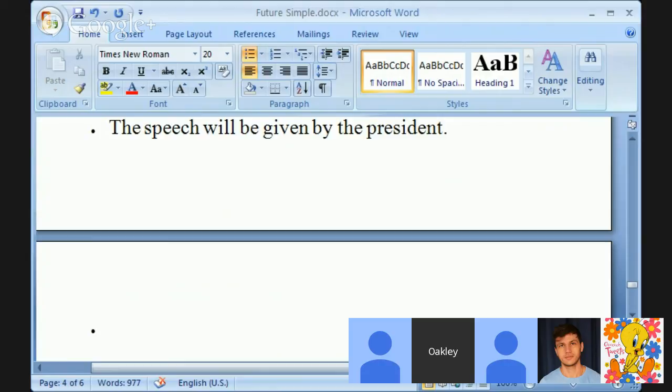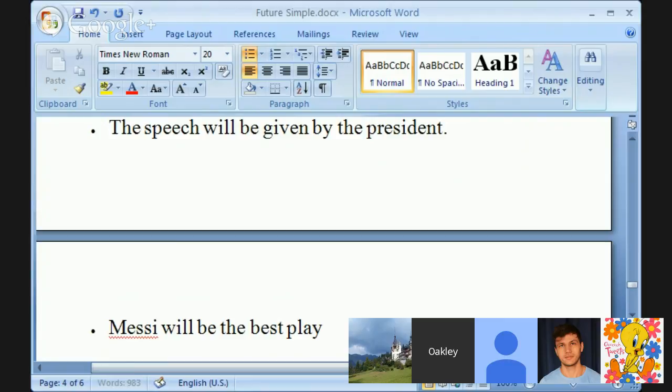Khaled, you want to give it a try? Messi will be the best player by the end of 2014. Now this is simple future here. This is an active sentence.